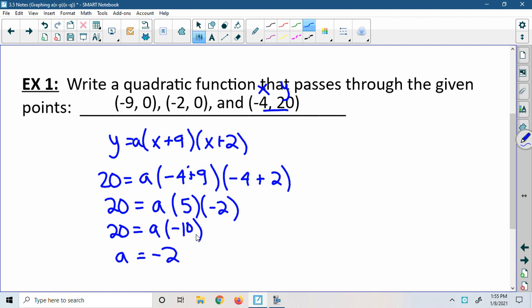So the final overall equation is y equals -2 times x plus 9 times x plus 2. You've got your equation there.